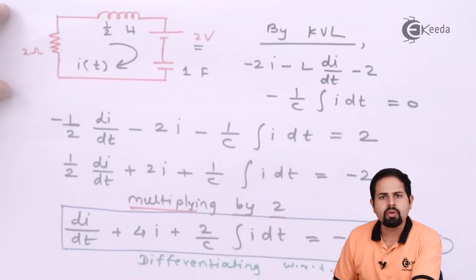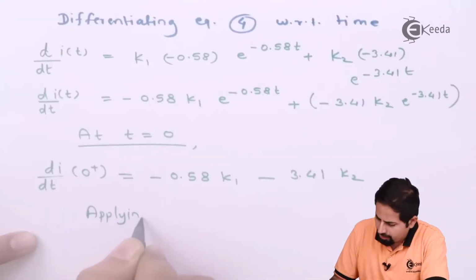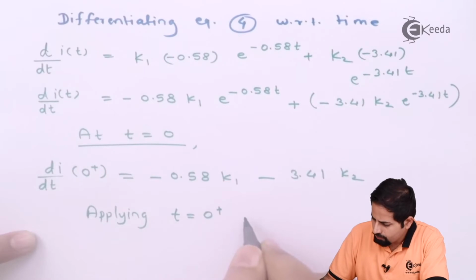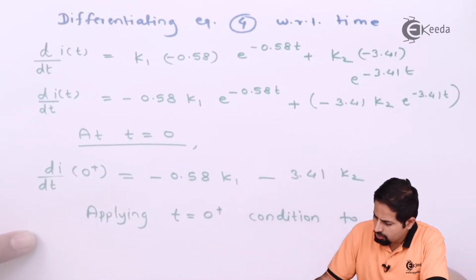Apply t equal to 0 plus condition to equation 1.